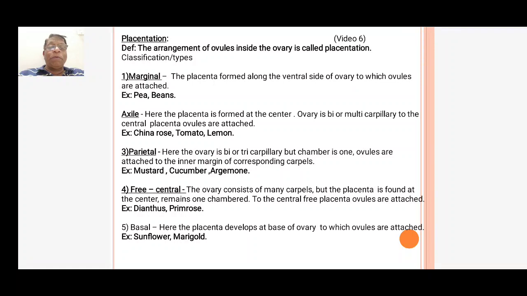In this type of placentation, the placenta develops at the base of the ovary, to which the ovules are attached. See the diagram now. Study carefully.